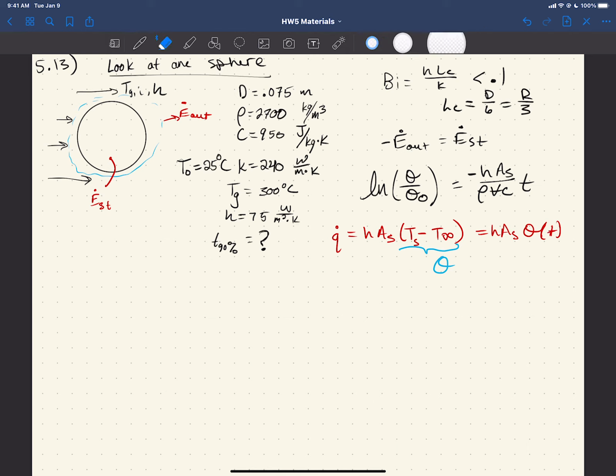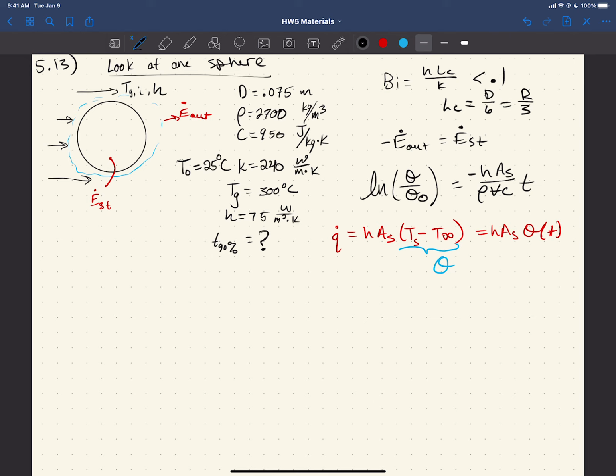And so I want to take this expression and get it as a function of just theta as a function of T. Where right now it's in this wacky form. And so I start by raising both sides, doing e to the exponential.